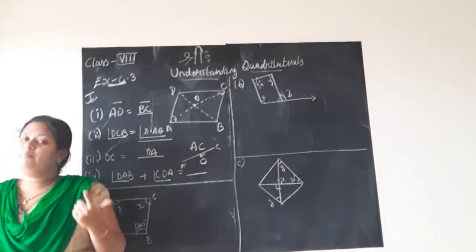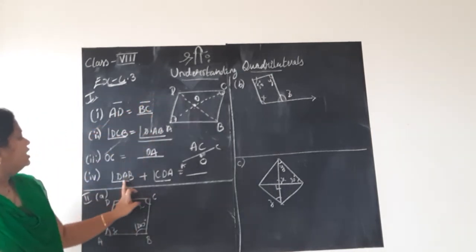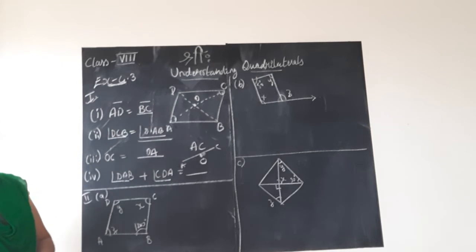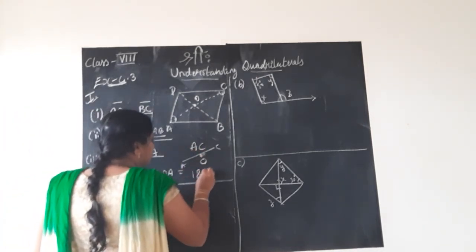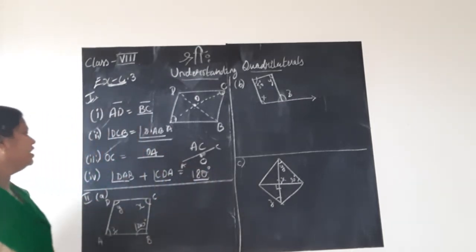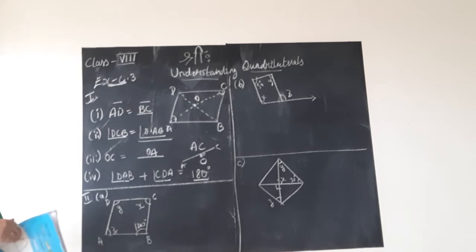Complementary is 90 degrees, supplementary is 180 degrees. I have said this already. So the sum of adjacent angles A and D of a parallelogram is supplementary, meaning it is equal to 180 degrees. So angle DAB plus angle CDA is 180 degrees.